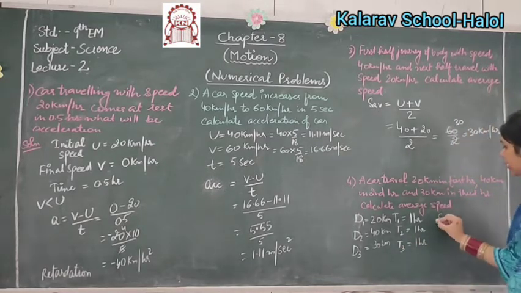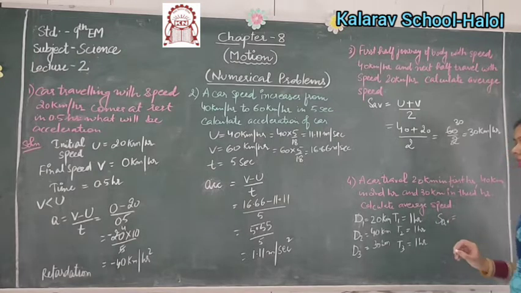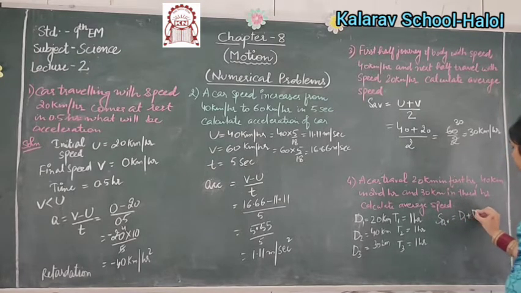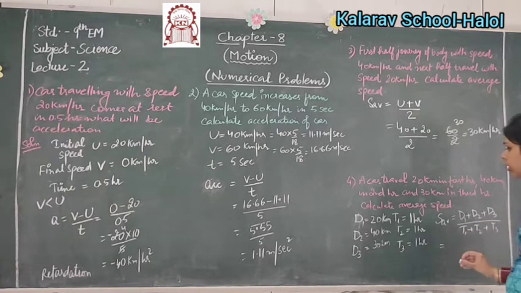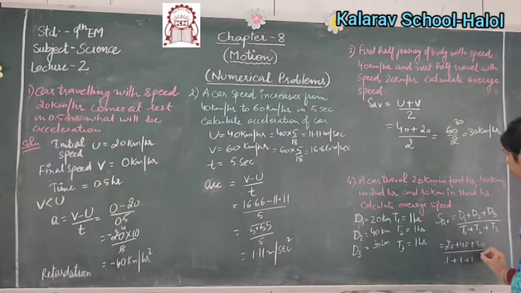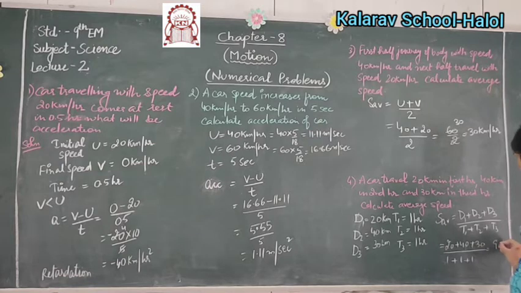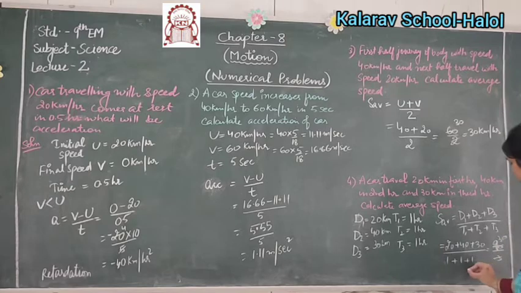So we will calculate the average. Average speed is (d1 plus d2 plus d3) upon (t1 plus t2 plus t3). So it is (20 plus 40 plus 30) upon (1 plus 1 plus 1). It is 70 plus 20, 90 upon 3. It is 30, that is 30 kilometers per hour.